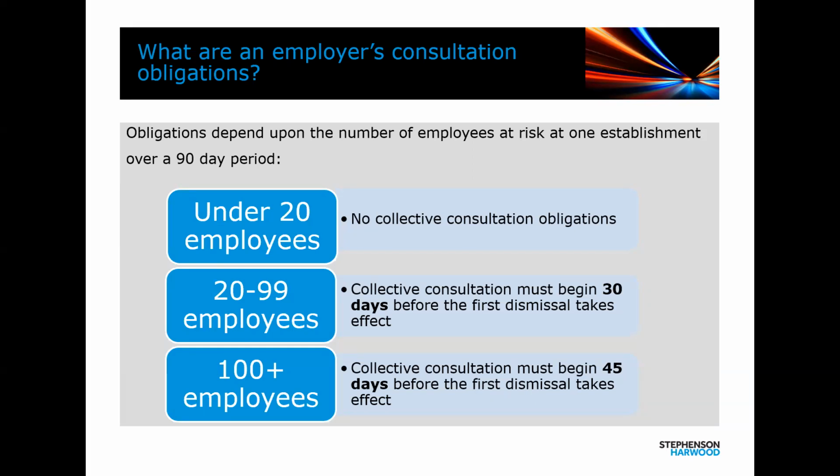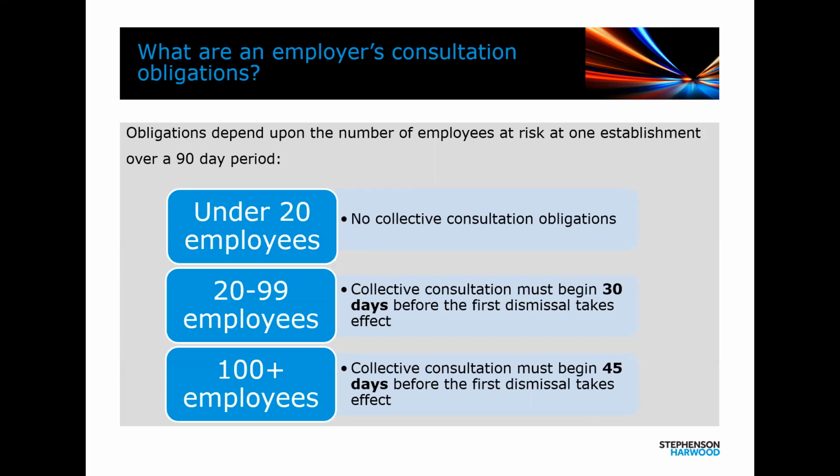So you can give notice during that period, but the dismissal can't take effect within 30 days of you starting your collective consultation obligation. If, however, you've got 100 or more employees, then the period is not 30 days, but instead 45 days. So the first dismissal can't take place until 45 days from the start of the consultation period. Again, you can still give notice during that period.